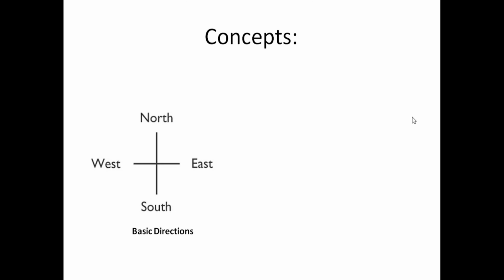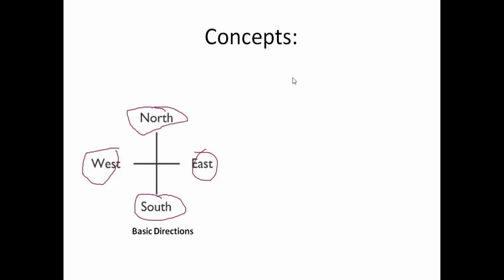What are the basic directions we have? The basic directions are north, south, east and west. These are the four basic directions we have, and there are four more derived directions, derived from these four directions only.